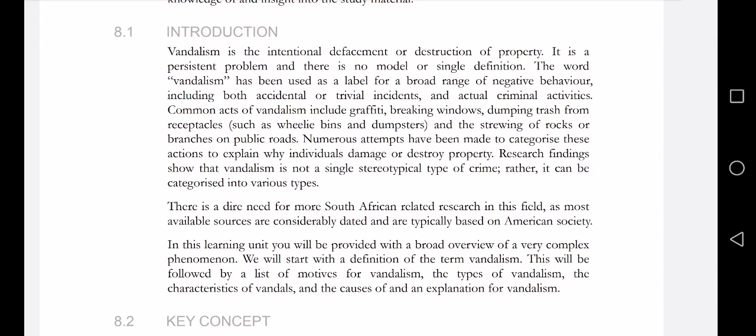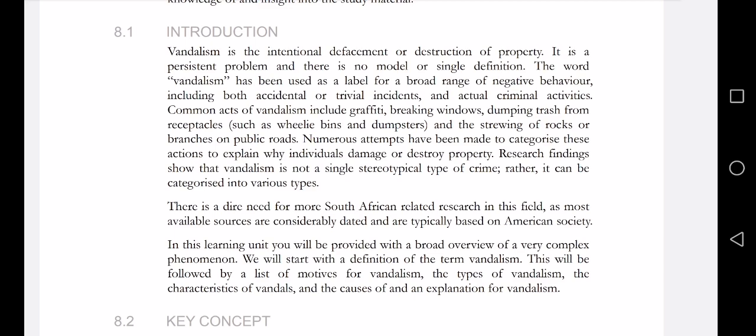Introduction. Vandalism is the intentional defacement or destruction of property. It is a persistent problem, and there is no model or single definition. The word vandalism has been used as a label for a broad range of negative behavior, including both accidental or trivial incidents and actual criminal activities.